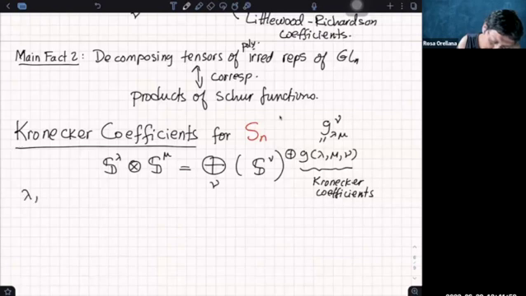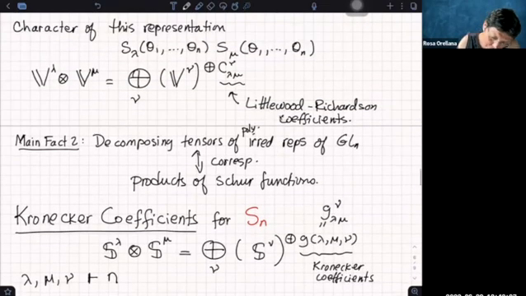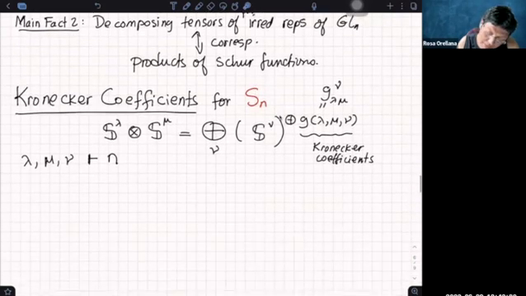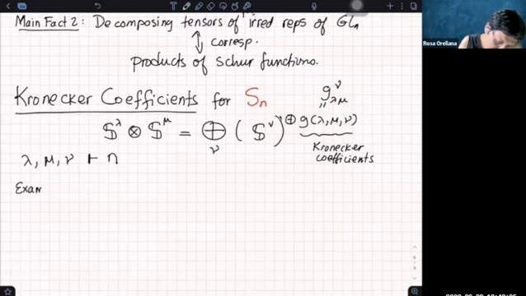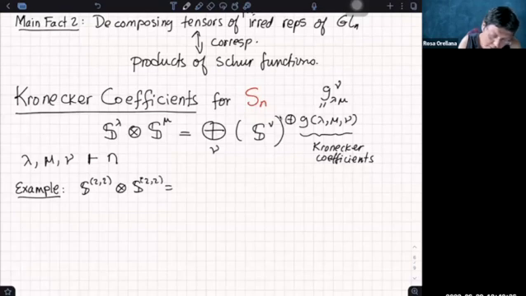And here, lambda, mu, and nu are all partitions of N. For the general linear group you have any sizes, because this gives you the degree, which is just the size of lambda plus the size of mu. But here all are partitions of N. So for example, let's say you take S(2,2) Kronecker S(2,2).